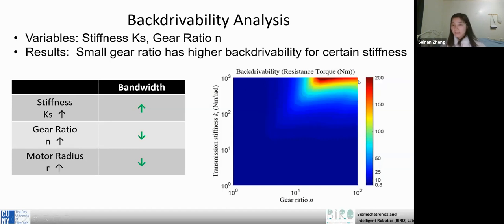So its resistance torque will be here. It will be large. And for QDD, it has a gear ratio of less than 10, maybe 8, and the stiffness will be the same as the conventional actuator, here. So we will find that it has the highest backdrivability.